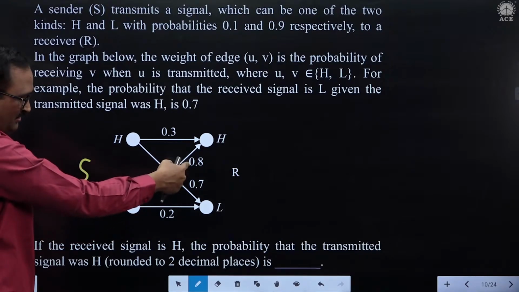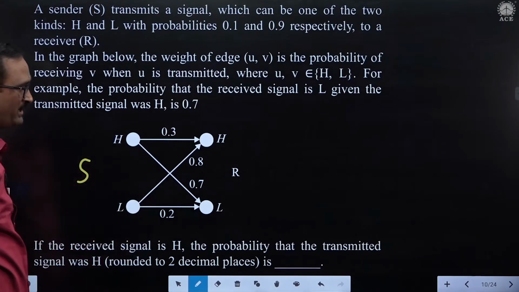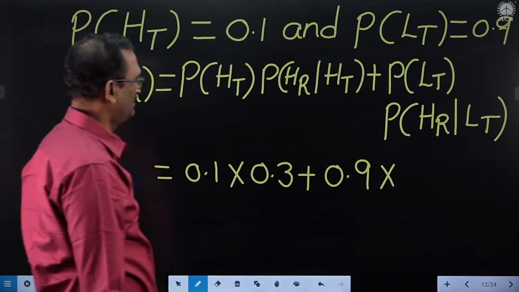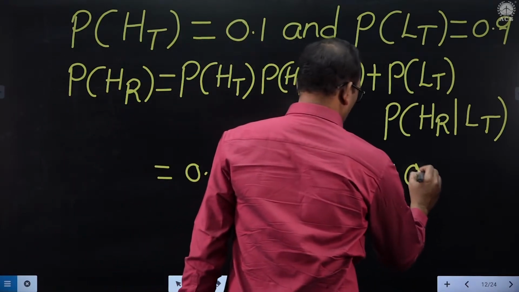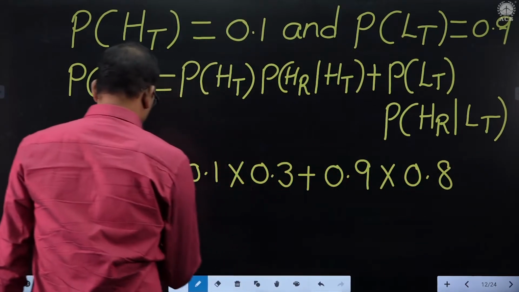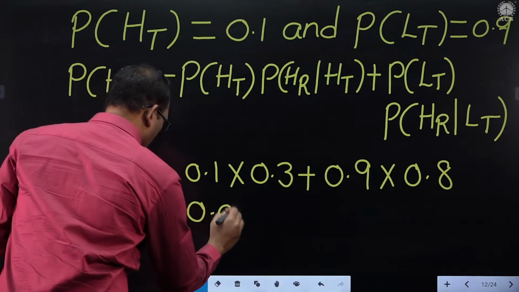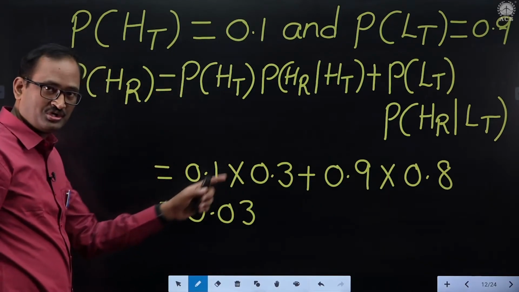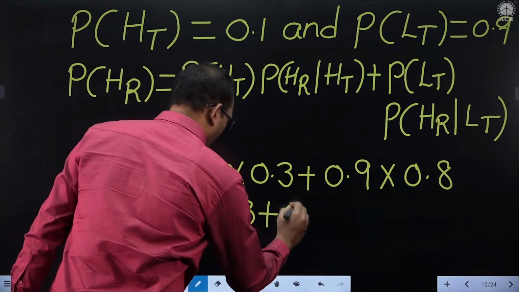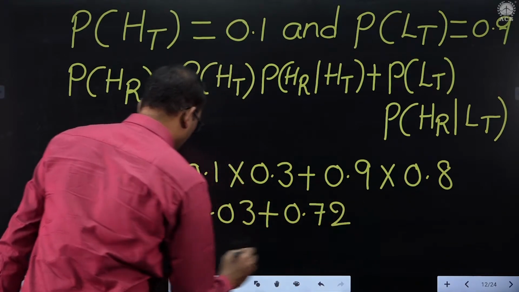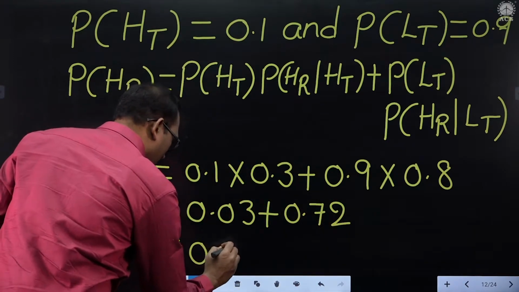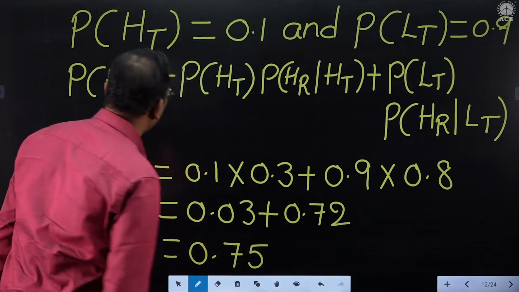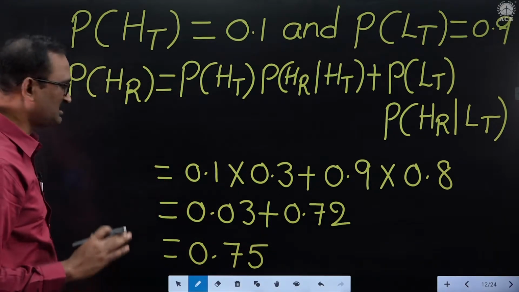For that, the probability is 0.8. This is 0.8. This is 0.03 plus 0.72 is equal to 0.75. Now, the last sentence of the problem.